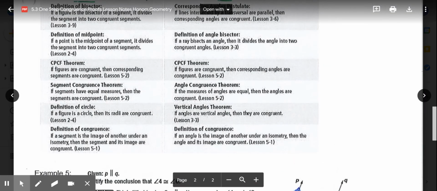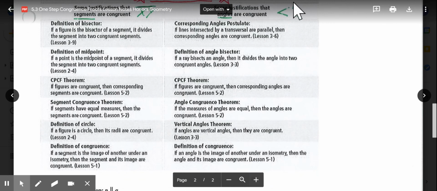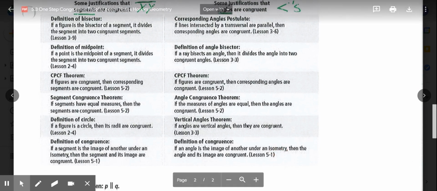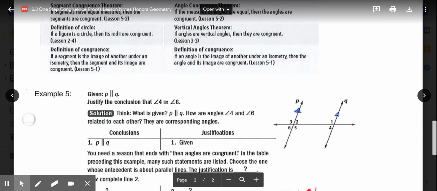Well, if I go through here, I'll tell you right now, there's not the word reflection in this angle column, but there is the word isometry. And reflections are a type of isometry. So the definition of congruence says if an angle is the image of another under an isometry, then the angle and its image are congruent.